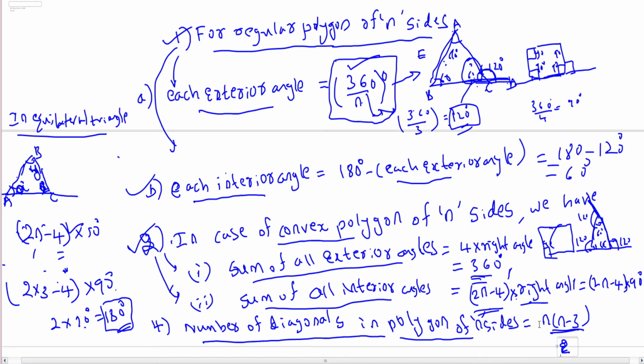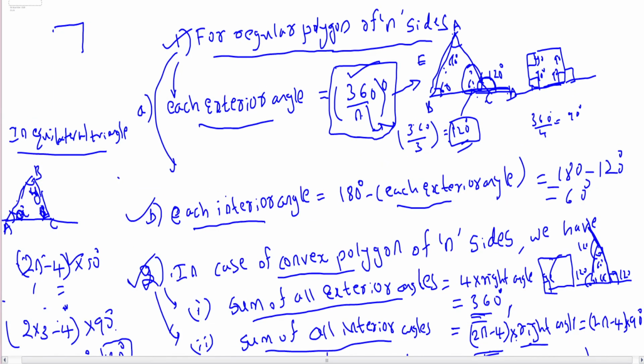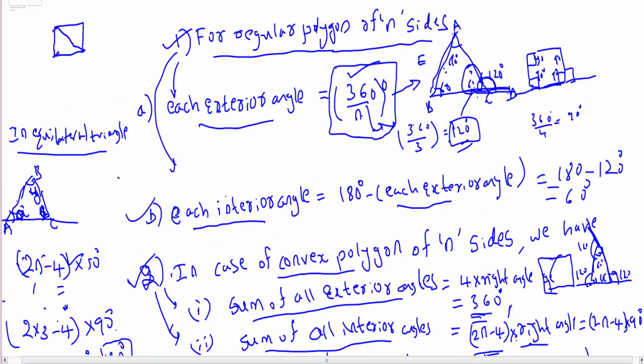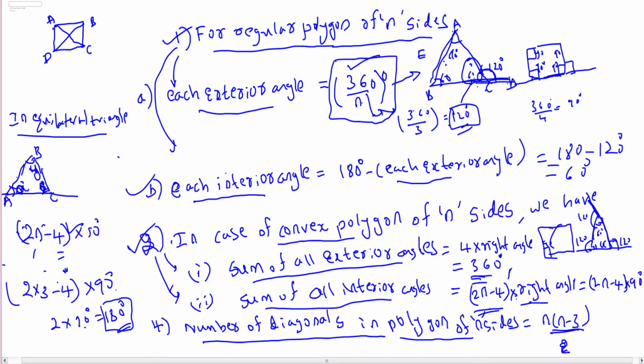If you take a square, what are the diagonals? 2 diagonals will come. Okay, A, B, C, D. By this formula can you get 2 or 3? You can check it by this formula.